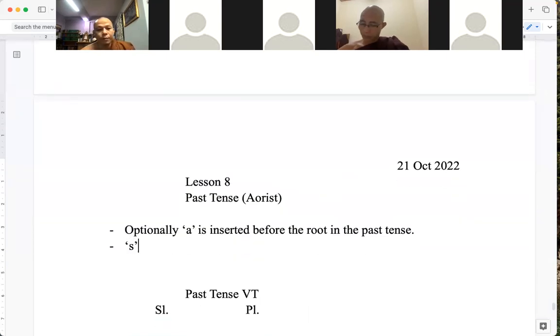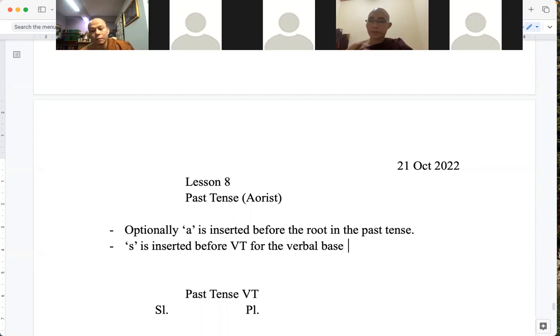So sa is inserted before the vowel termination, for the vowel base ending in E. Okay.